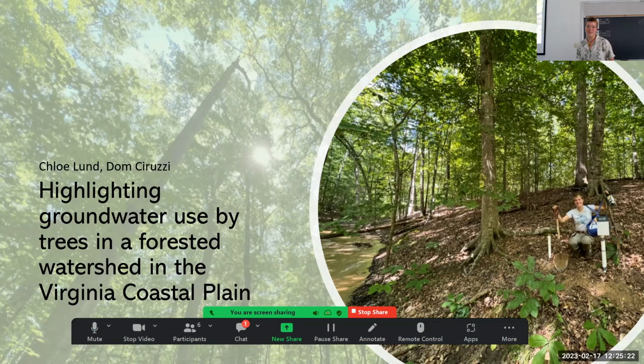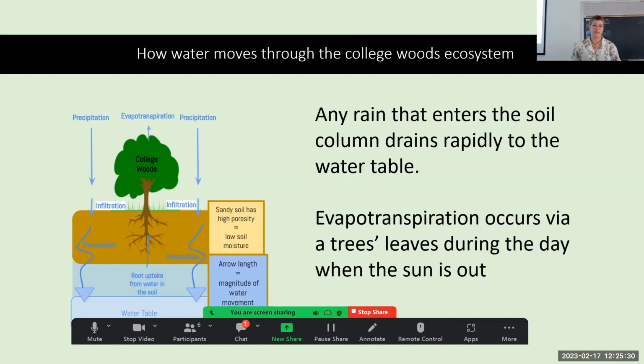Okay, hi, I'm Chloe Lund, and my thesis is on highlighting groundwater use by trees in a forested watershed in the Virginia coastal plain. So first we're going to start with just how water moves through the College Woods ecosystem. So it rains, and then the rain is going to infiltrate into the soil column.